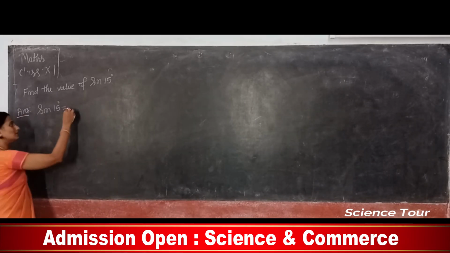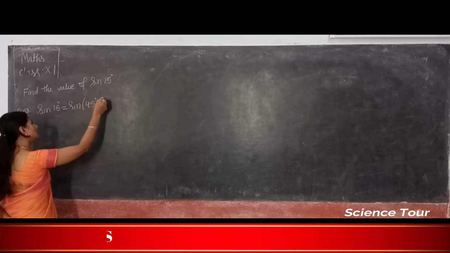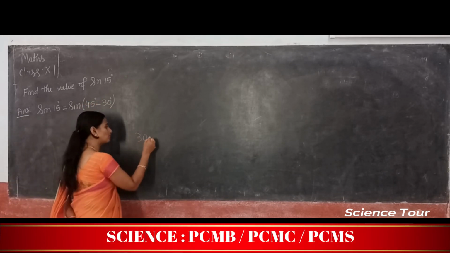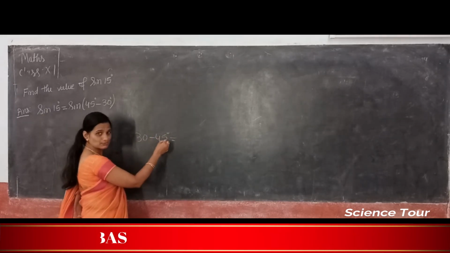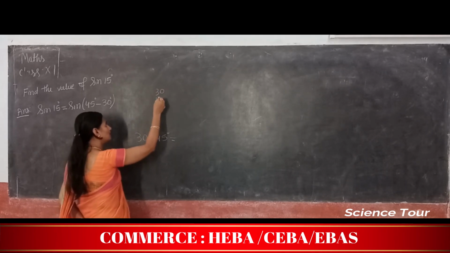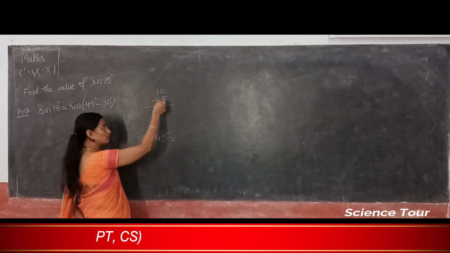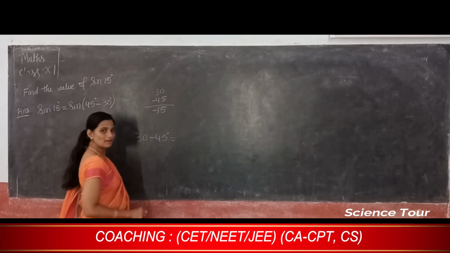So I will write here sin of 45 degrees minus 30 degrees, but don't write 30 minus 45. This is wrong. What is the answer of 30 minus 45? See, 30 and 45 with minus, right? Different signs means subtraction. 45 and 30, the subtraction is 15, and the greater number's sign is minus.